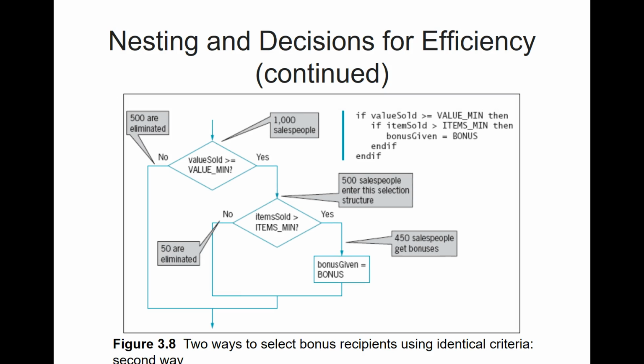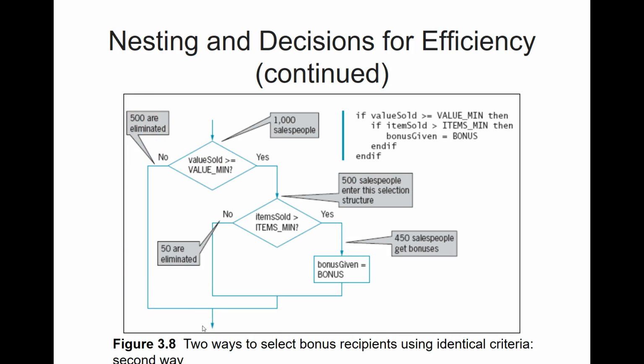So I flip to the alternative model. So I flip this direction. And again, the same number of people enter this: 1,000 salespeople. But we ask the question of, did you sell more than the value minimum? In this case, we take 500 people out first.